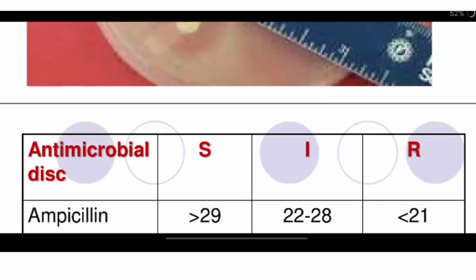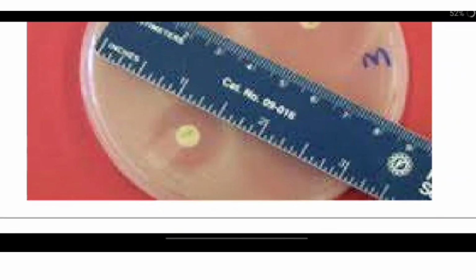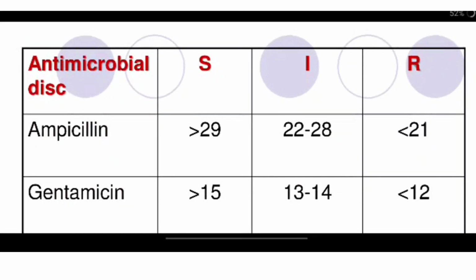So they are different, as recommended by CLSI. So anybody will ask me, what then is intermediate? Intermediate means it is somewhat able to kill the bacteria, but we should raise the dosage.